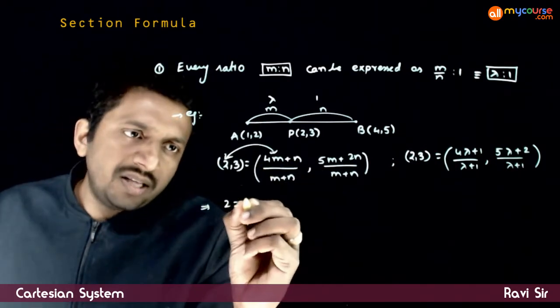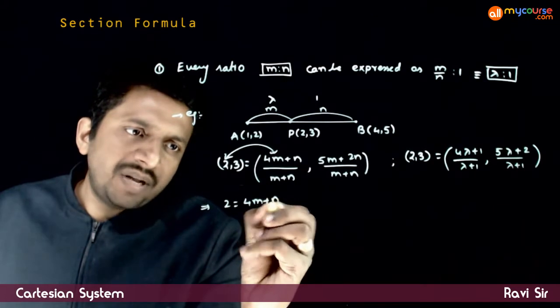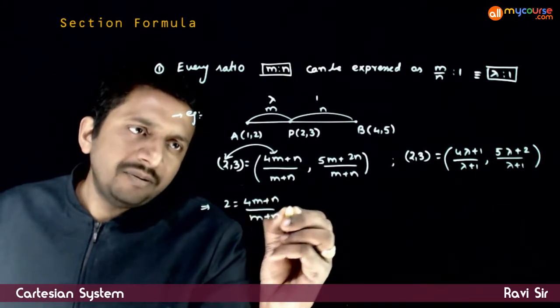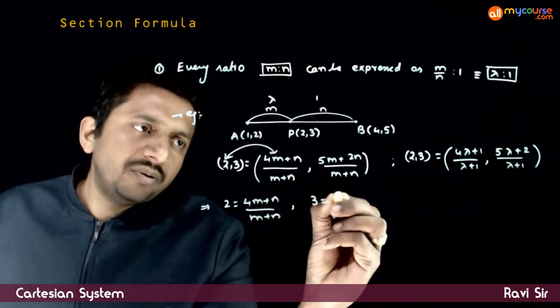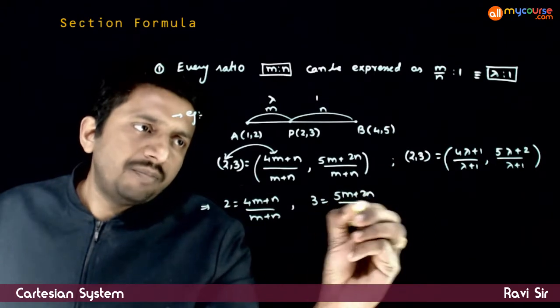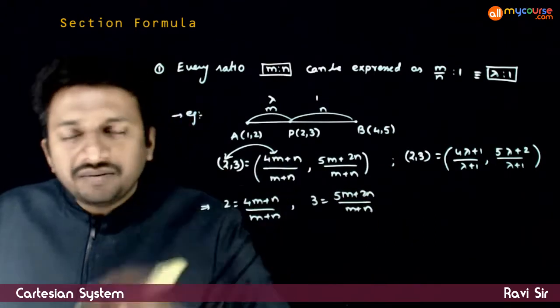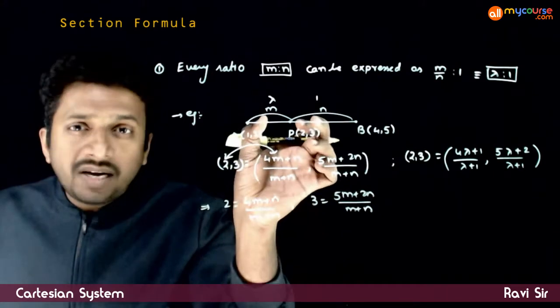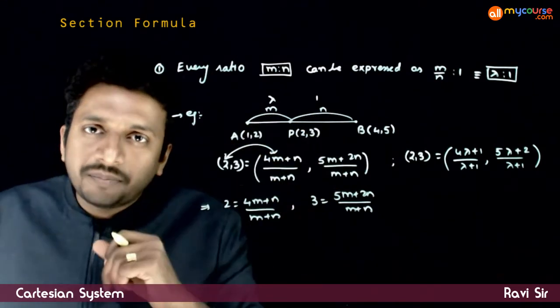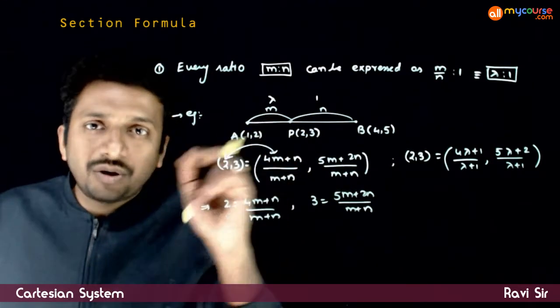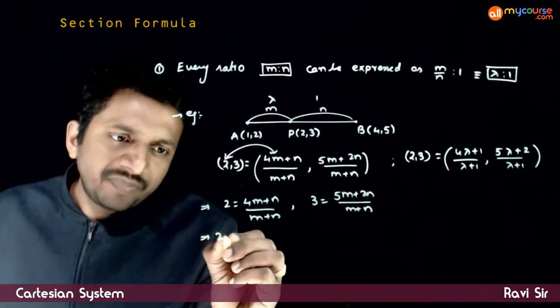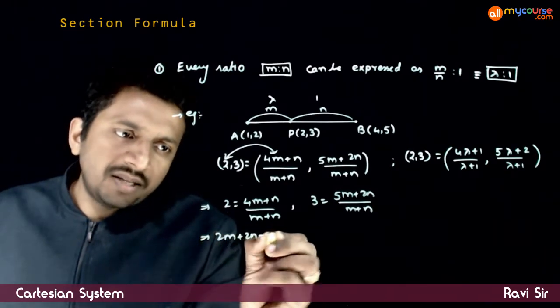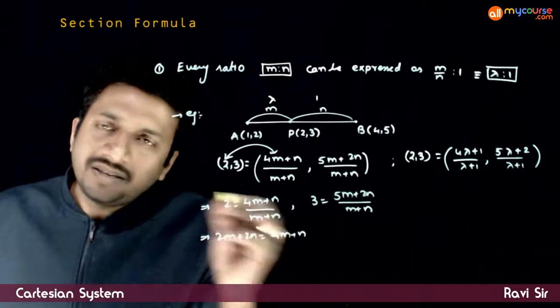So 2 is equal to (4m + n)/(m + n), and 3 is equal to (5m + 2n)/(m + n). You're required to find the ratio of m and n. This implies 2m + 2n is equal to 4m + n.